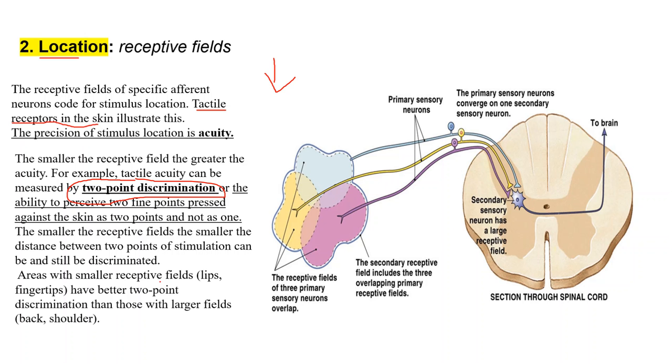You have to have acuity in the lips and the fingertips, these sorts of areas where you need to discriminate much better between stimuli, and therefore there are smaller receptive fields. Hopefully I've been clear. This two-point discrimination is an important concept. Again, the smaller the receptive field, the greater the acuity. This is a principle that you have to remember.